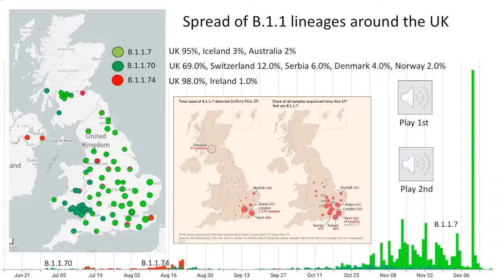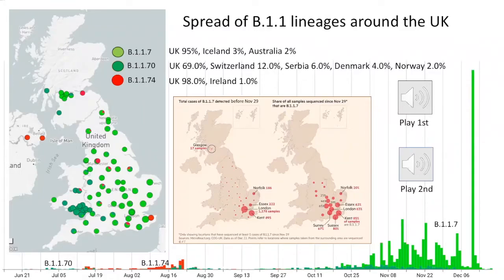However, when we compare the spread of these lineages with B117, we can see that the spread of B117 is far, far greater. And that is shown in the histograms below, where we can see that the rate of infection caused by B117 is clearly a lot greater, and that it is spread more quickly.